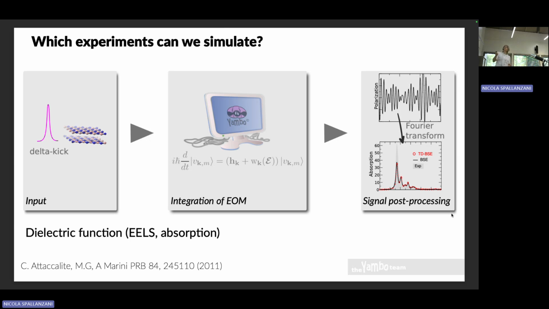So basically, you excite all the high frequencies of the system. This is the polarization that is mixing all the eigenfrequencies. Then you take the Fourier transform, and you get the dielectric function. The imaginary part will give you the absorption.